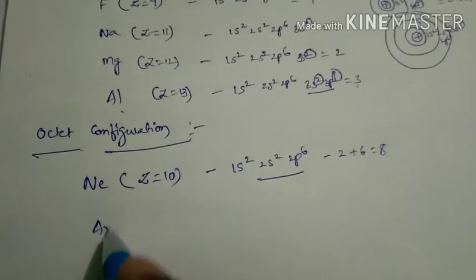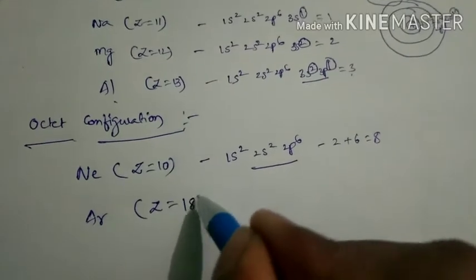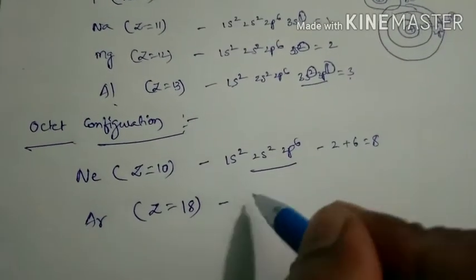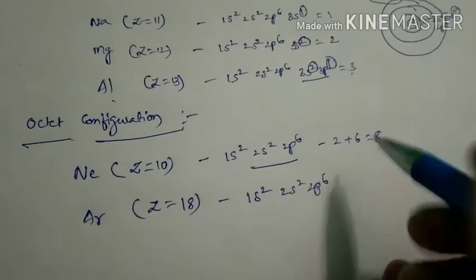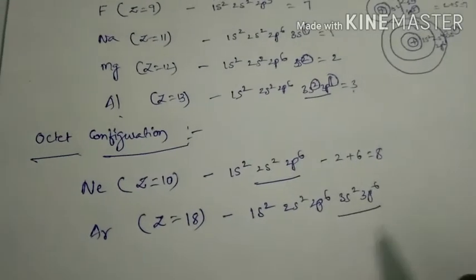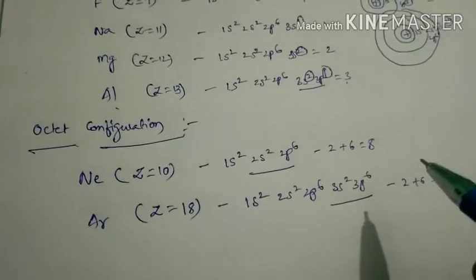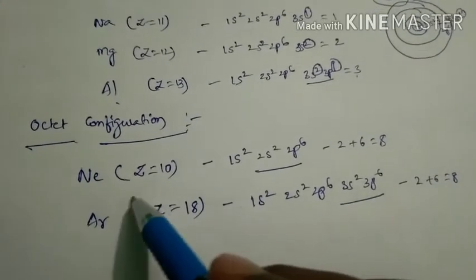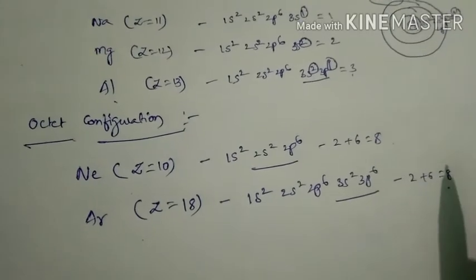Take argon, atomic number 18. Electronic configuration 1s2, 2s2, 2p6, 3s2, 3p6. Now this is the outermost orbit. It also contains 8 electrons.